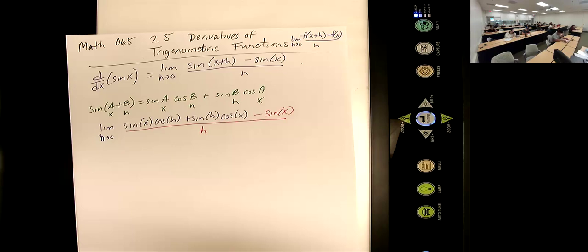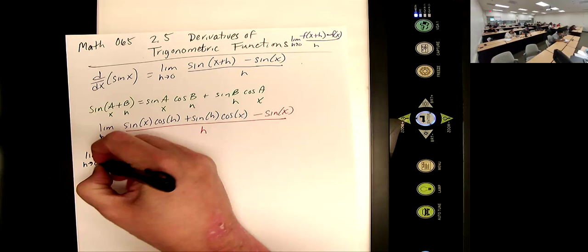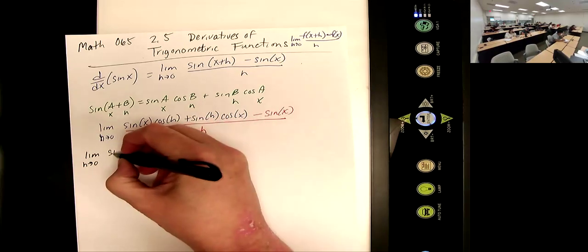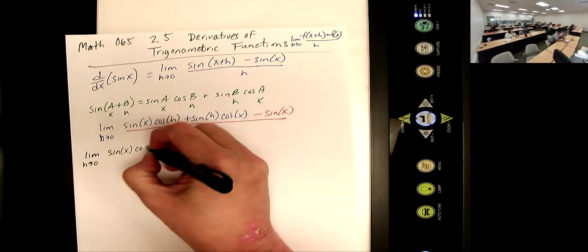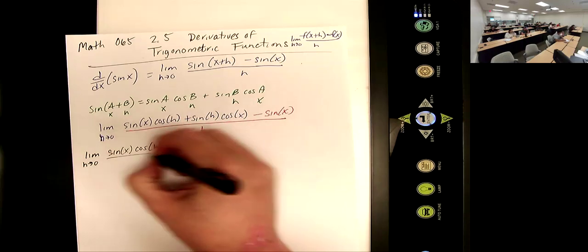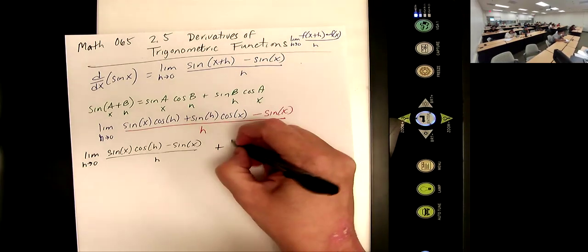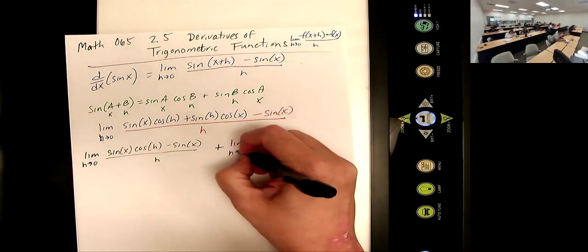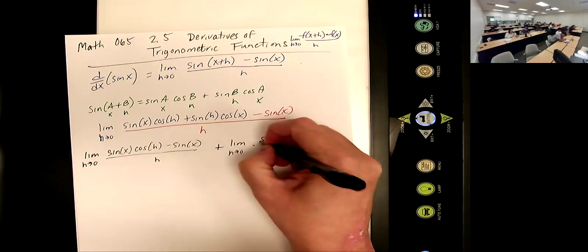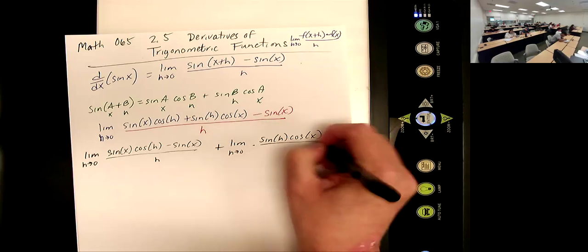Okay, so two of these have a sine x in them, right? Let's split those off and make them one limit. We'll have sine x cosine h minus sine x over h, and then I'm gonna do plus limit as h goes to 0, sine h cosine x over h.